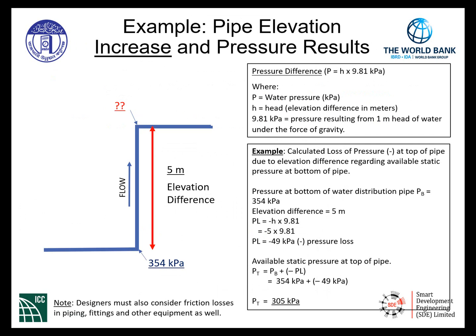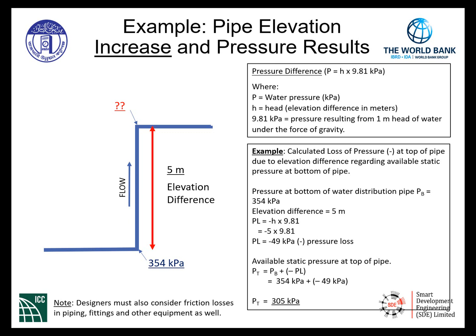When we have elevation differences in our buildings, running piping from a lower elevation to a higher elevation, we need to be concerned with how that affects the pressure in the piping system.